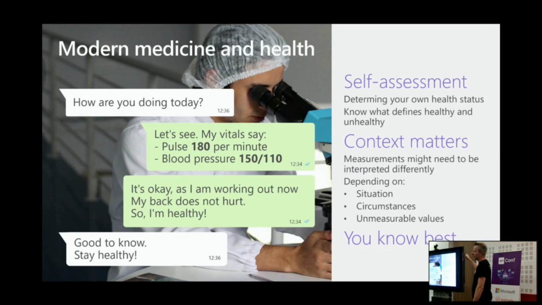So it all depends, right? You do it yourself, you self-assess, and context matters. It's from the situation, the circumstances that you're under, you could take all of those things into account. And even the things that are not measurable from the outside, like how many things are in an internal list, for example, or circuit breakers.